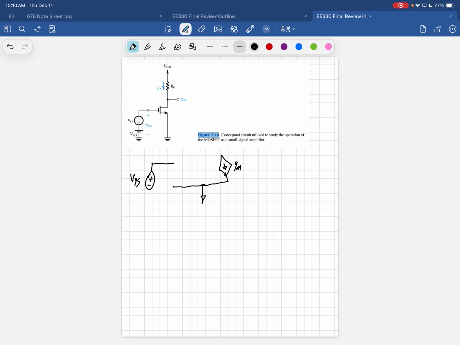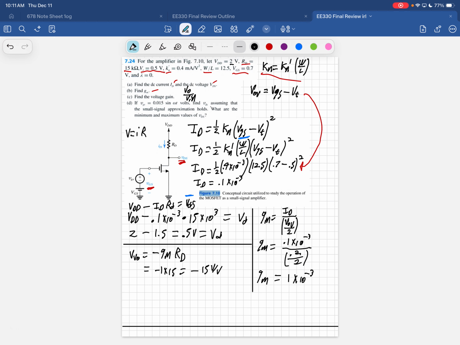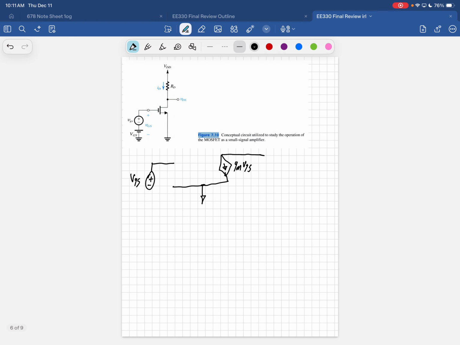And we don't have an RO, I don't think. Yeah, I'll double check. Yeah, we got that lambda equals 0. So lambda equals 0 implies that you can ignore RO, because RO equals VA over ID, and VA is 1 over lambda.